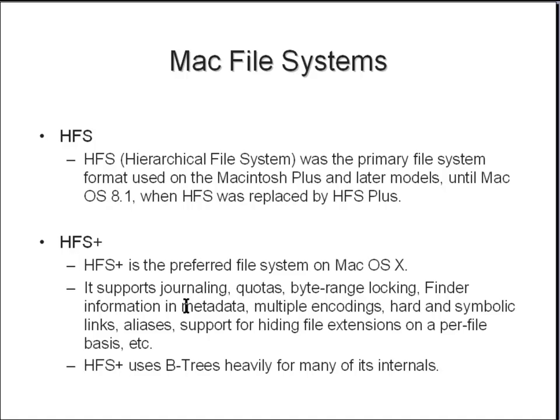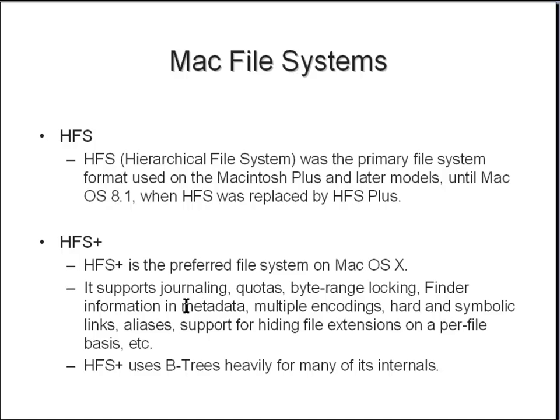If you recall, journaling was used for keeping track of transactions that are occurring, so that if your computer goes down during the middle of a transaction, the journaling log file has the information as to the transaction that was to occur, and so it can go back and look at that and either revert to its previous state or go ahead and commit that transaction. It also includes quotas, so you can actually set up a quota on individual users.